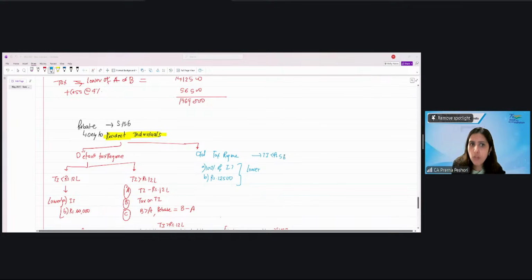And here also you will not get rebate against LTCG or STCG. Okay. So no rebate on LTCG or STCG under 196.